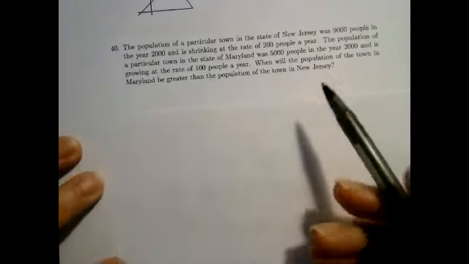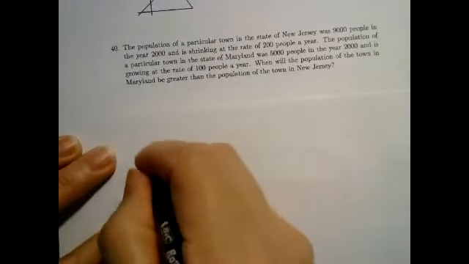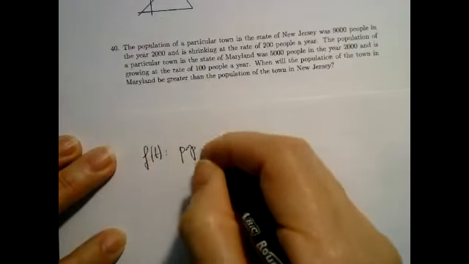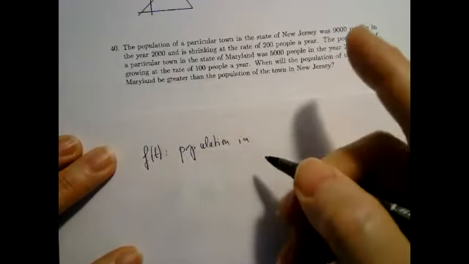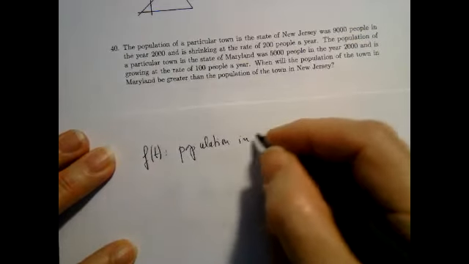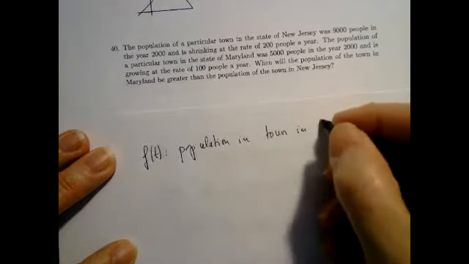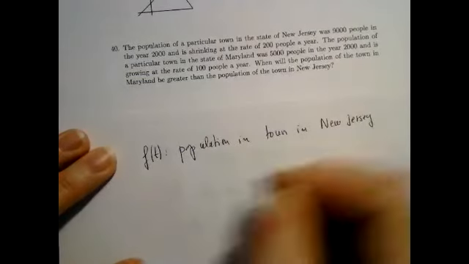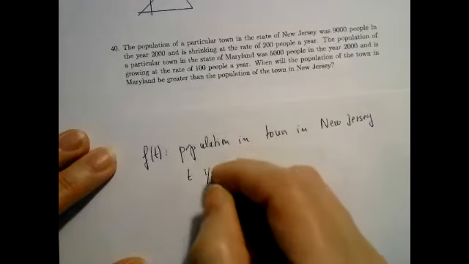Okay, so I'm starting to have an idea. We're going to introduce two functions. Your classmate introduced one. I'm going to call f of t the population of the town in New Jersey, t years after 2000.